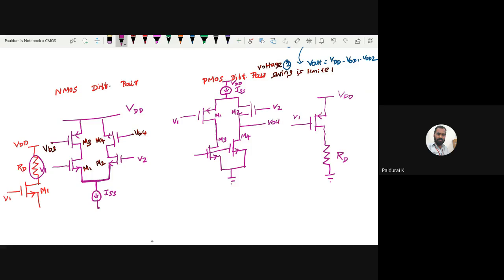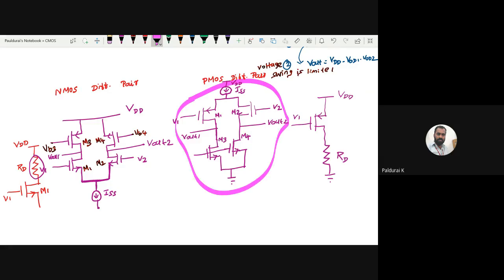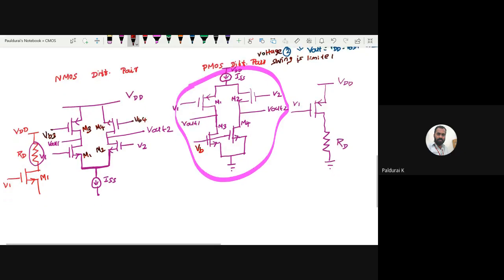Here you measure the output, Vout2, Vout1. Similarly here also Vout1, Vout2. So this is my PMOS differential pair. The input transistor is PMOS, and the upper load is an NMOS current source. Where you connect the tail current source, you have to be careful. This is my biasing voltage. So any doubt in sketching the PMOS differential pair, NMOS and PMOS?